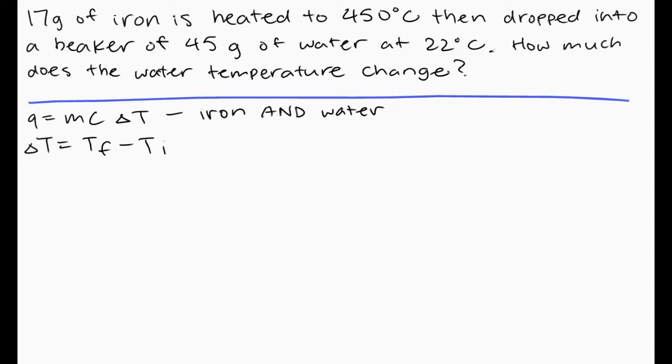We want to find delta T, which is the temperature final minus temperature initial, but we don't have the temperature final. But we do realize that in this system of two things, the iron is super hot and placed into the water. By the concepts of thermodynamics, we know that the heat in this iron will continue to transfer into the water until they reach an equilibrium, which is until the temperature final of the iron is equal to the temperature final of the water.